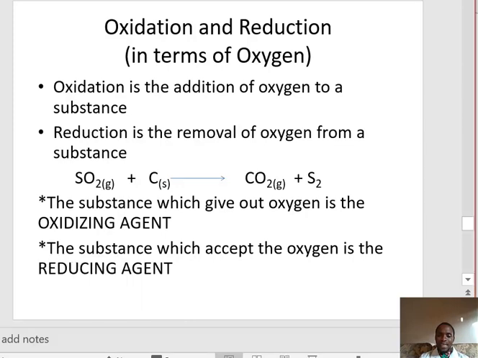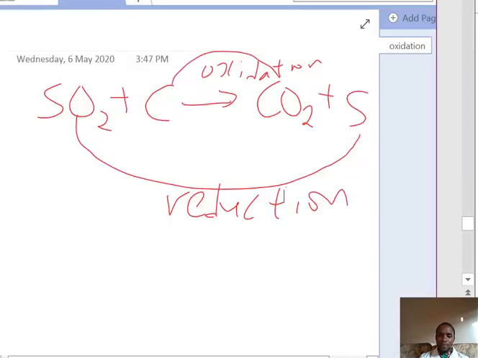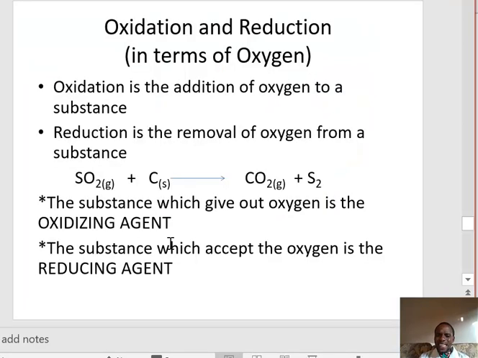Now carbon here is the one that accepts the oxygen. The substance which accepts the oxygen is the reducing agent.